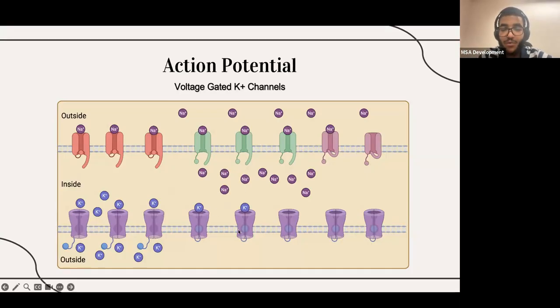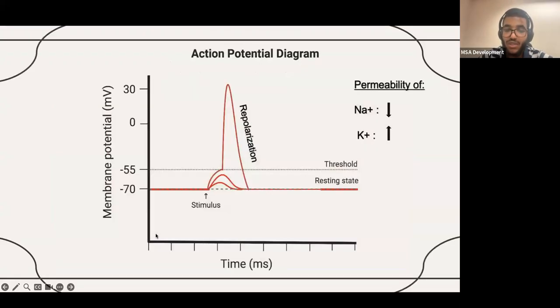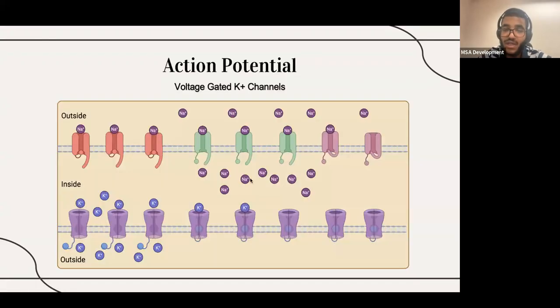Now, the special thing about the potassium channel is that it closes slowly. Once it reaches minus 70, you'd think it closes because it reached the resting state. No, but it doesn't. It closes very slowly. And so potassium will keep going out because it has the chance to.